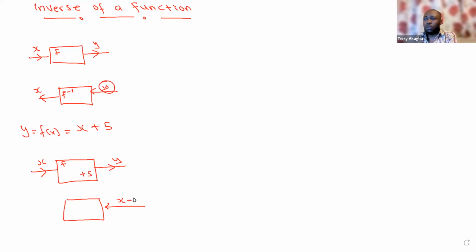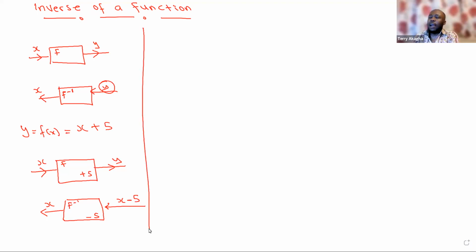To reverse this function, the answer we have is minus 5, and that will give you the x. So basically, you're trying to deconstruct it to get back what was constructed, all right?